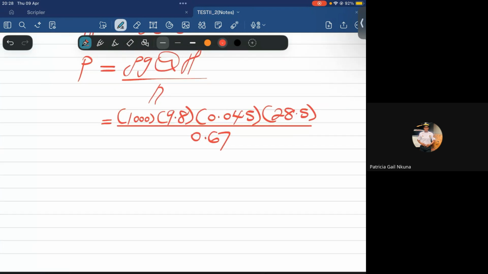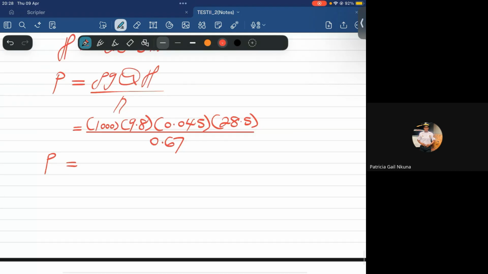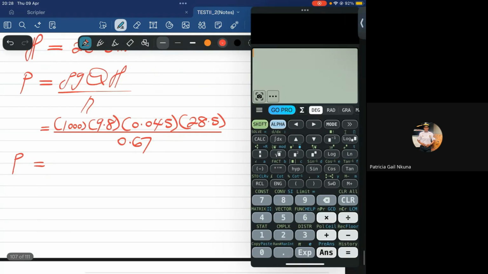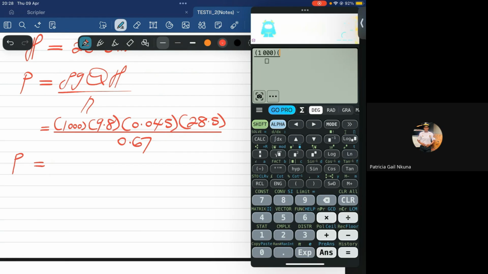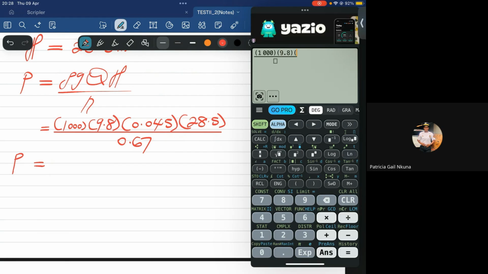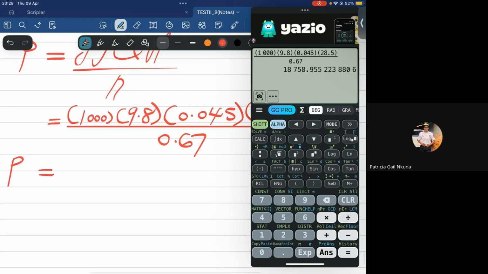So therefore, the hydraulic power here will be equal to 1000 times 9.8, times 0.045, times 28.5, divided by 0.67. So therefore the power is equal to 18,758.96 watts.